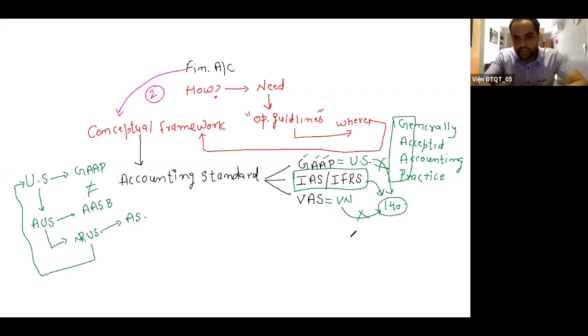But similar to GAAP, Vietnamese accounting standard also makes some changes in order to make balance between IAS and VAS. And Vietnam is in the process of adopting IFRS soon, but we don't know yet. So that's the ideas behind accounting standards, right?